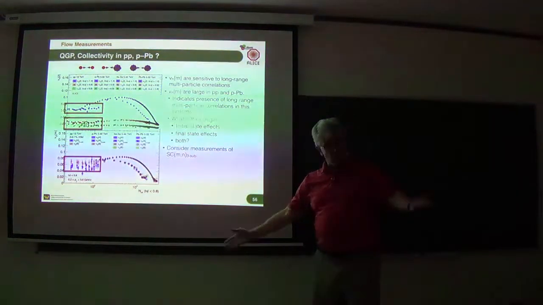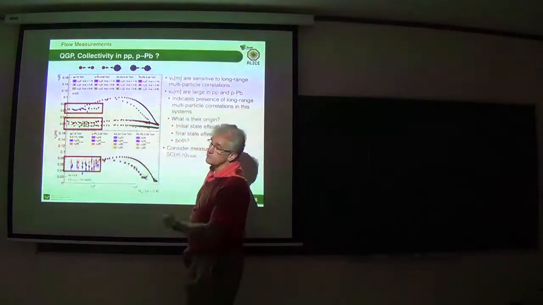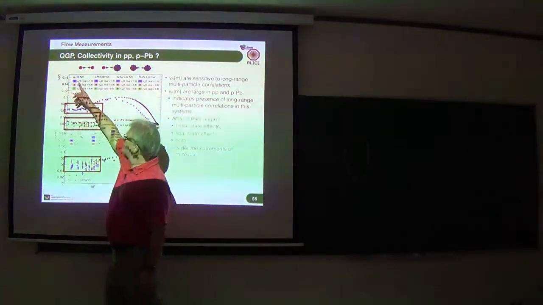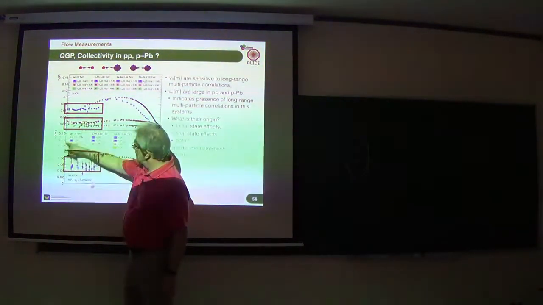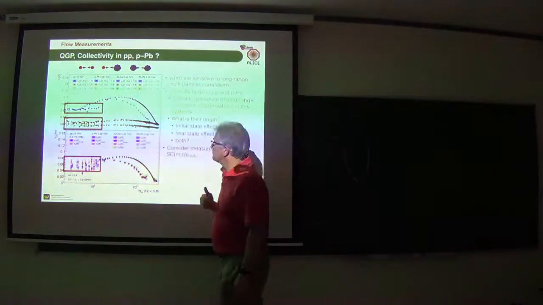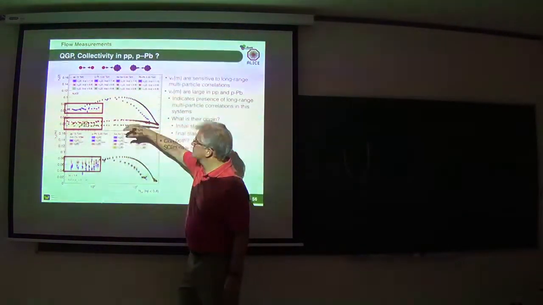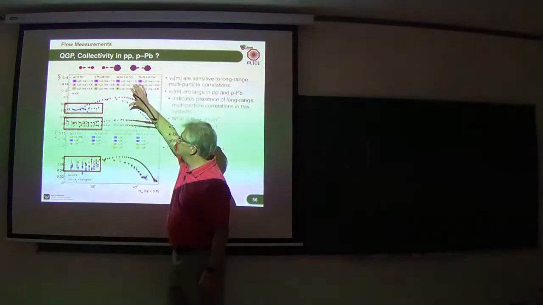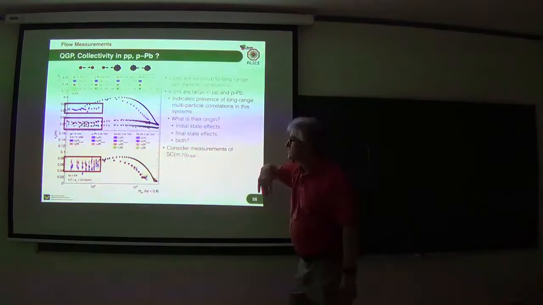So, is there collectivity in PP or P-lead? This is a very busy plot. I apologize. This is Vn for two-particle correlations for several particles here. This is V4, V6, V24, V26, V22, V32, V42. So there's a lot of results here.